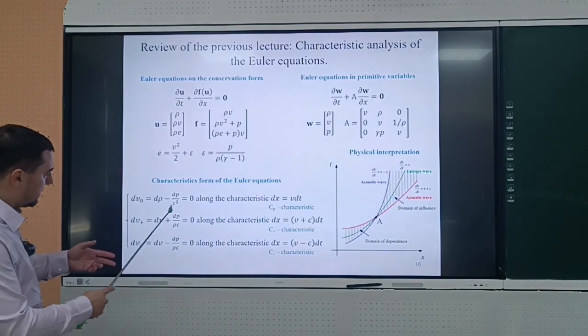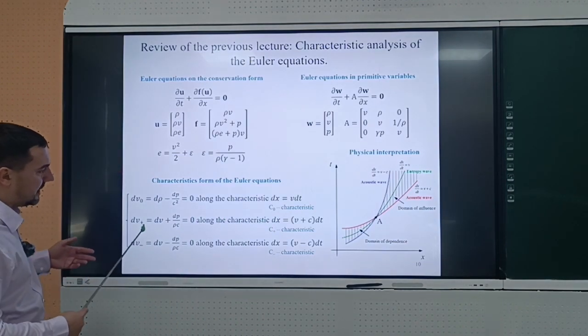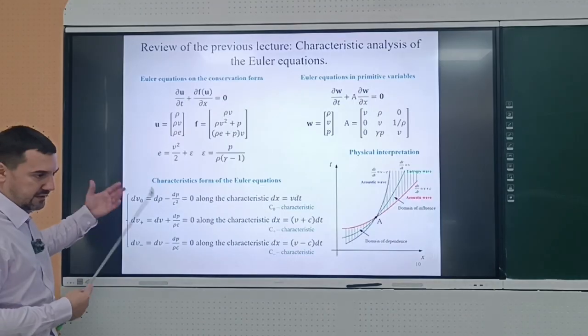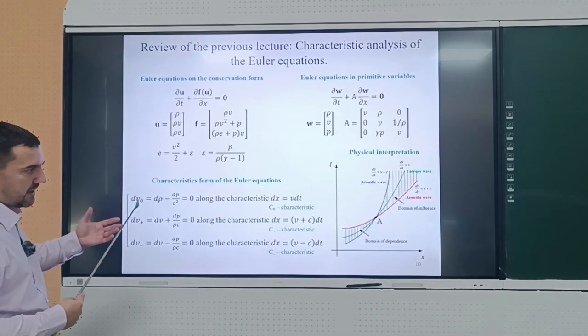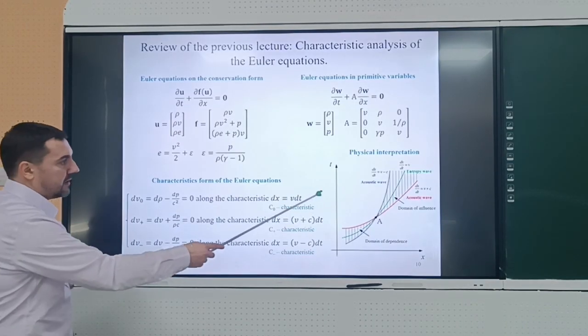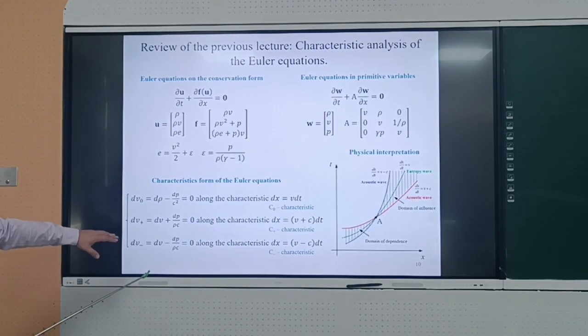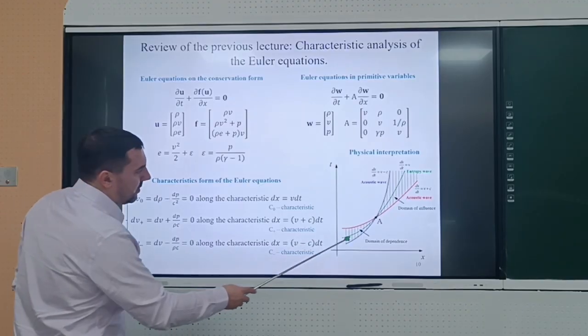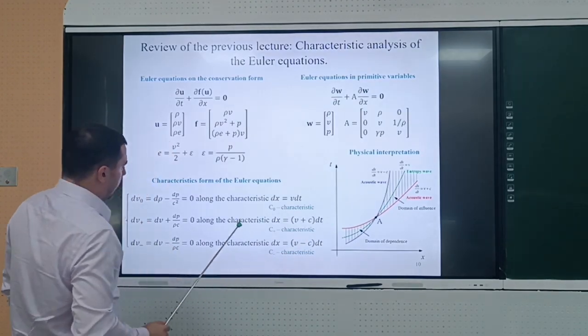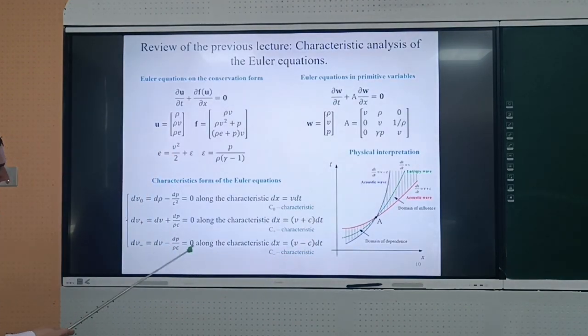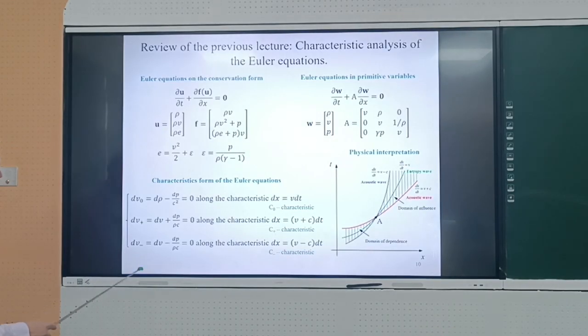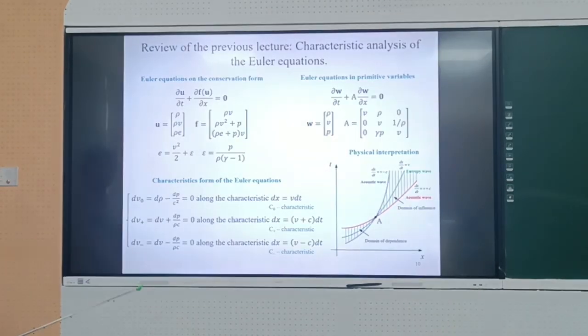We have shown that this expression can be integrated analytically. It corresponds to ds equals 0, where s is entropy. That is why it's called the entropy wave. There are also C plus and C minus characteristics, and the corresponding waves are called acoustic waves. Along these characteristics, the V plus and V minus invariants propagate.